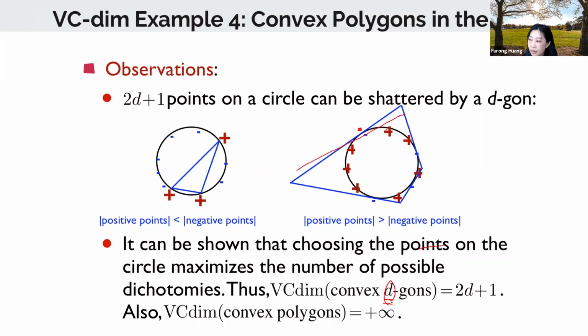Can you make an infinite polygon that shatters every point? Yeah, in theory, you can. But again, you cannot compare things when they are infinity. You have infinite points, but the polygon can also have infinite edges, right?